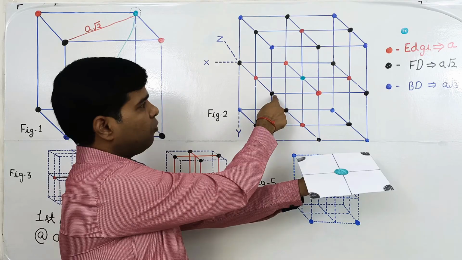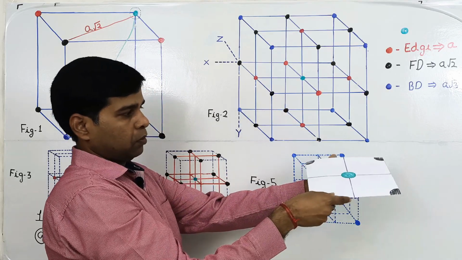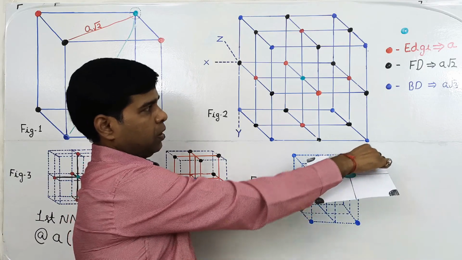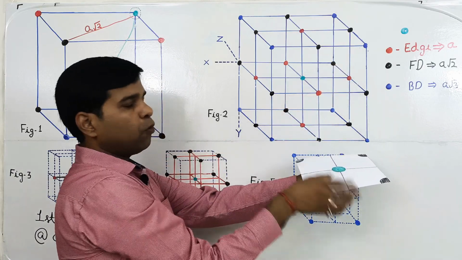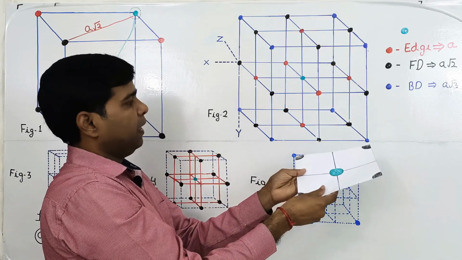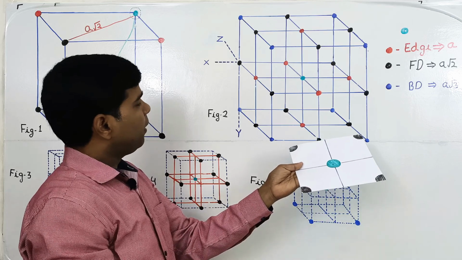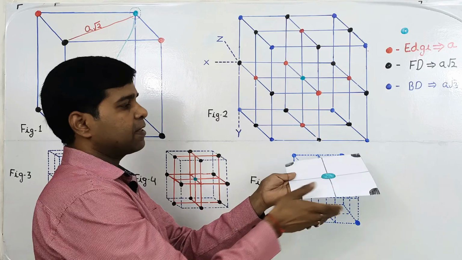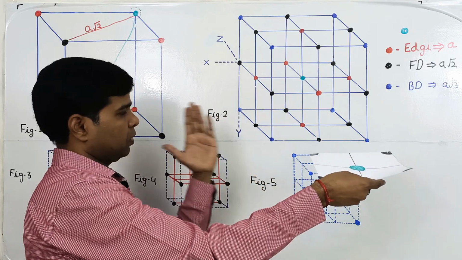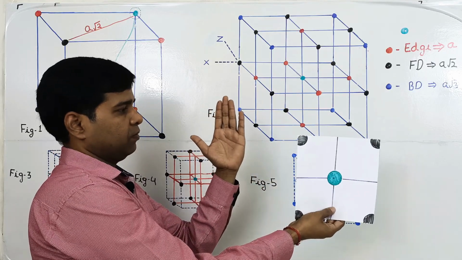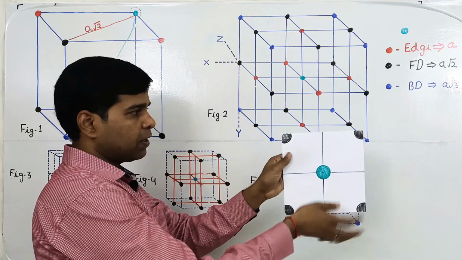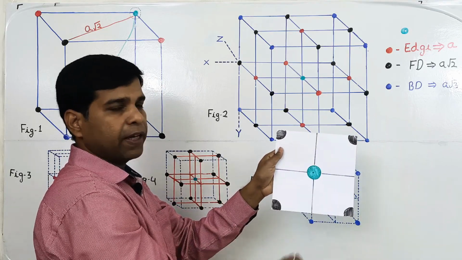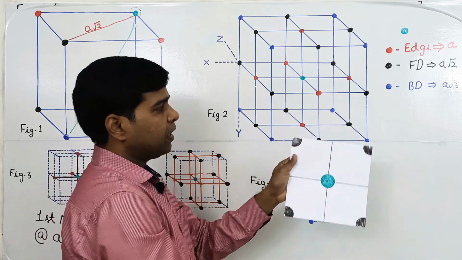It is surrounded by 1, 2, 3 and 4 particles in the xz plane. Now if I take the xy plane, this is our x and this is our y. This plane represents the xy plane.